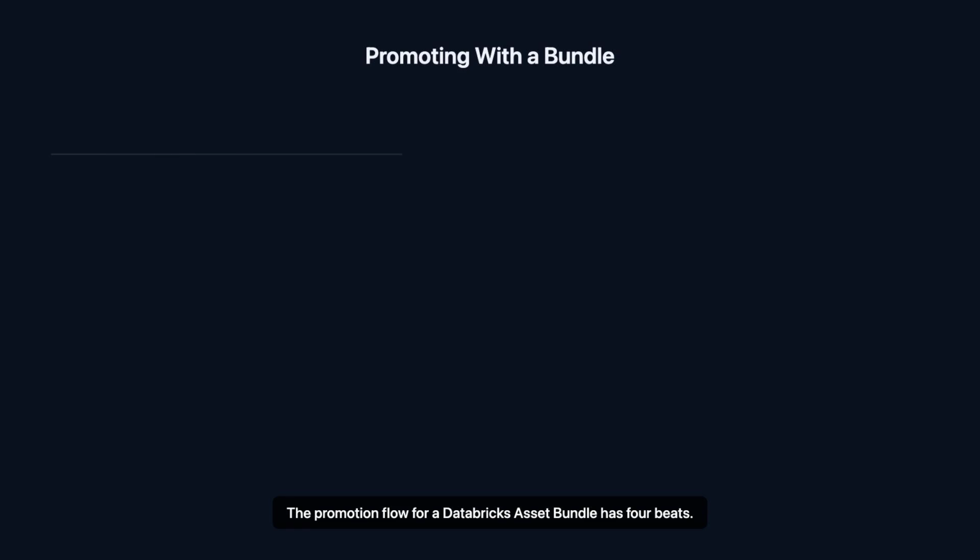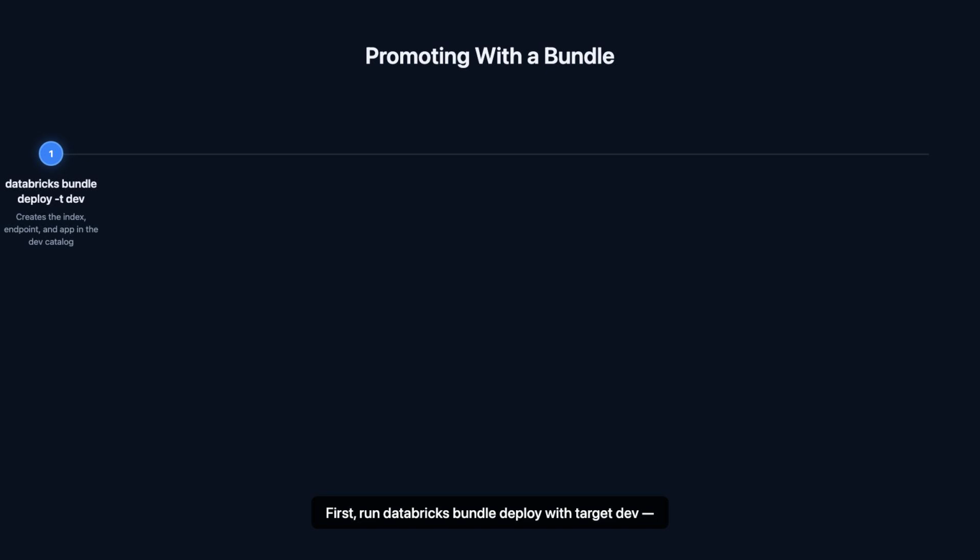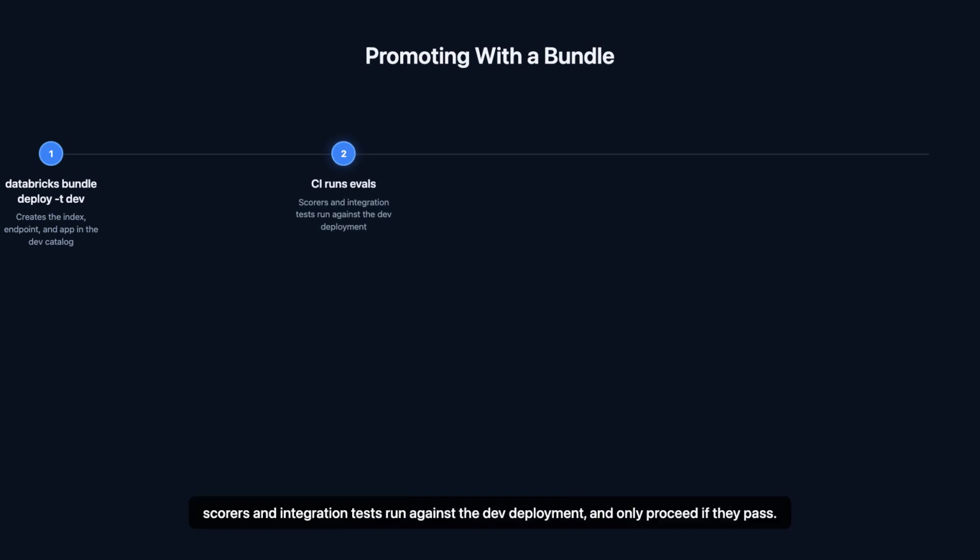The promotion flow for a Databricks asset bundle has 4 beats. First, run databricks bundle deploy with target dev; that creates the index, endpoint, and app in the dev catalog. Second, CI runs evals: scorers and integration tests run against the dev deployment, and only proceed if they pass.